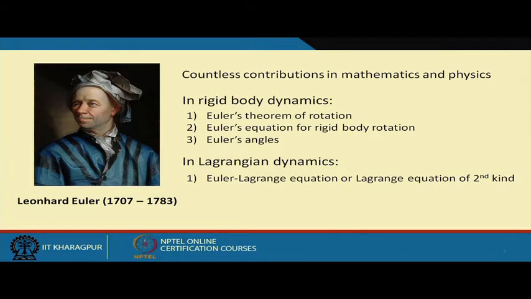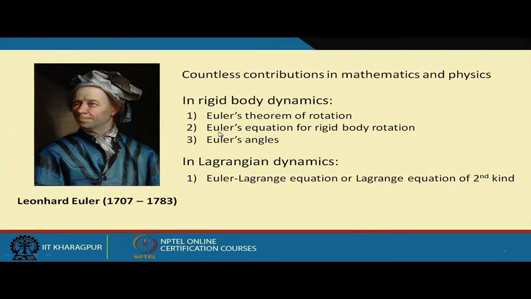So, we have Euler's equations and Euler's theorems in almost every branch of analytical mathematics and also in physics. Right now it is not possible to discuss the contribution of Euler in the framework of this course, but we will be referring to him many a times, especially when we will be discussing rigid body dynamics. We will have Euler's theorem of rotation, which we will take up very soon.